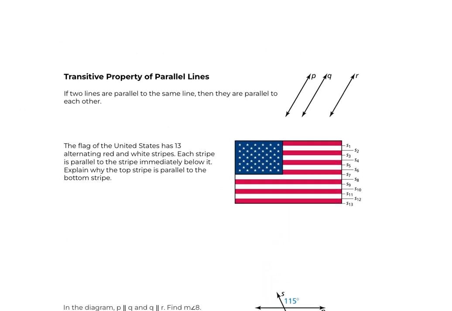The transitive property of parallel lines. We've talked about parallel lines. We've talked about the transitive property. We're putting them all together into one big statement here. The transitive property of parallel lines says if P is parallel to Q and Q is parallel to R, then because they're both parallel to Q, what can we say about P and R?